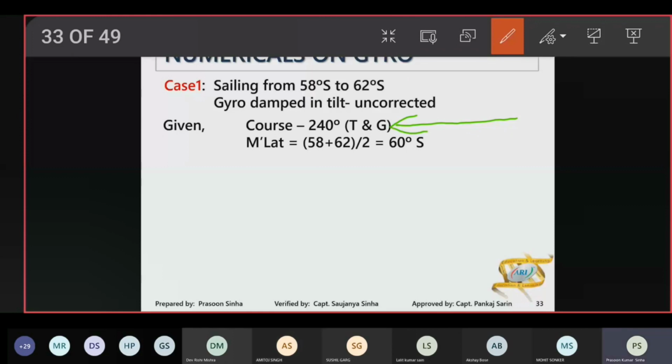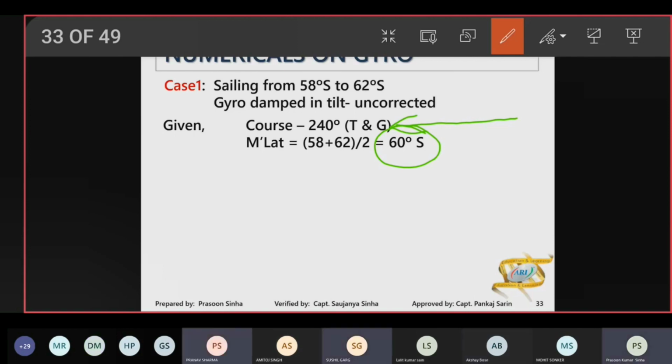That the gyro is the same as the true heading, no error, sir. No error. Sir, come again? Vessel will be doing north south only, no? Negative. It is to say already it is at some latitude here. That means damping error will be there. Yes, sir.